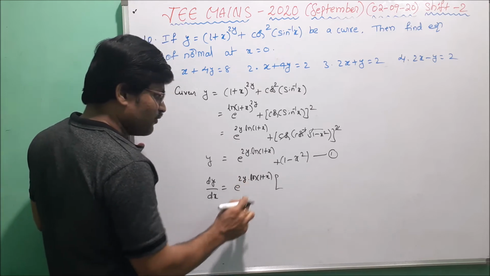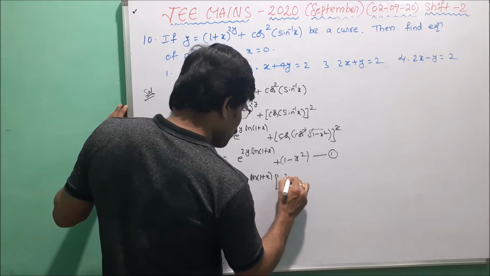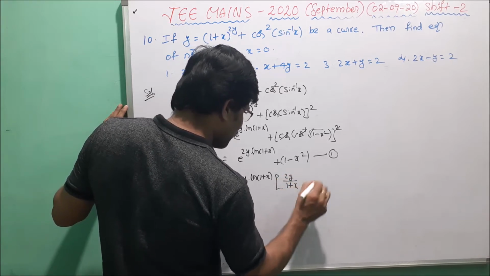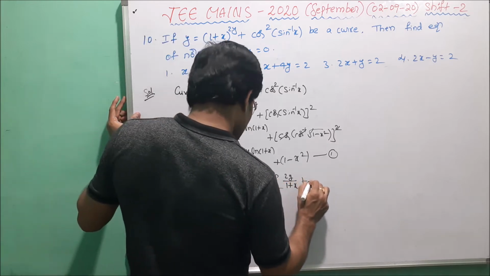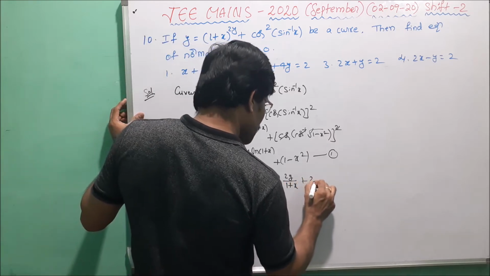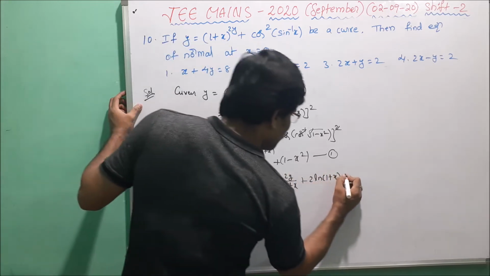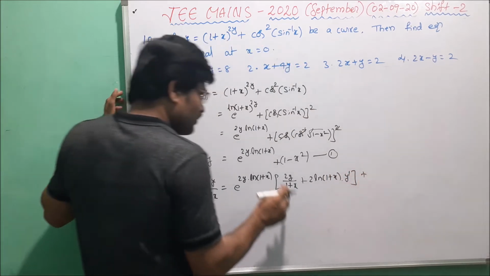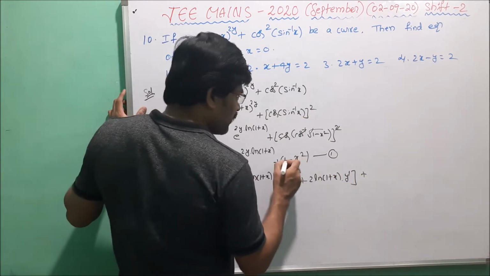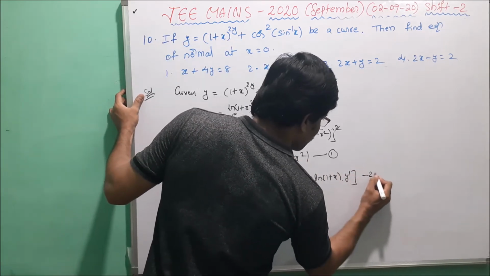Here this is of the form u into v, so first we take the derivative of u into v: 2y by 1 plus x plus 2 into ln of 1 plus x, the derivative of y is y dash, plus the derivative of 1 minus x square. Here 1 is a constant, that is 0, minus x square means minus 2x.